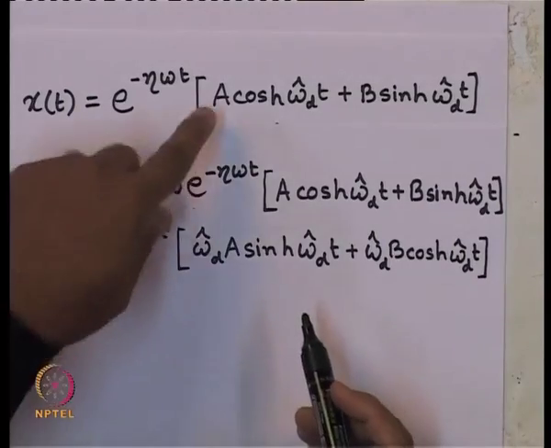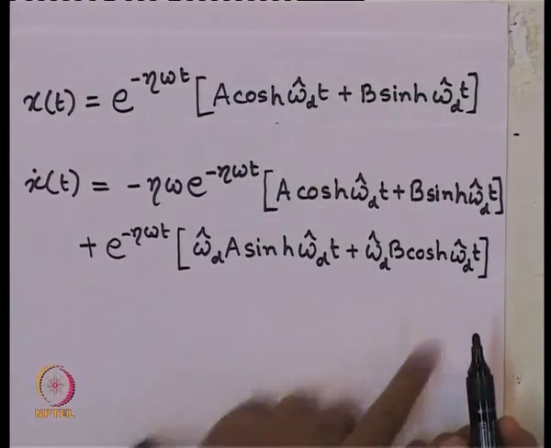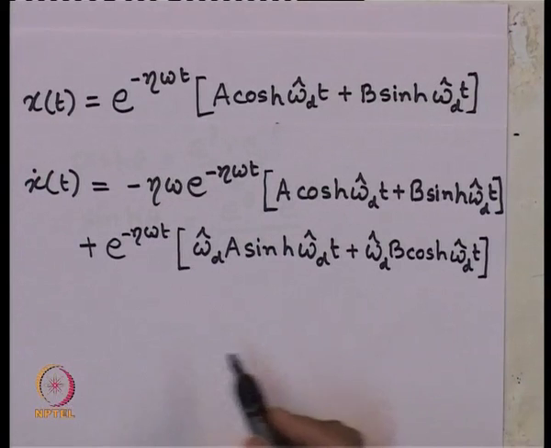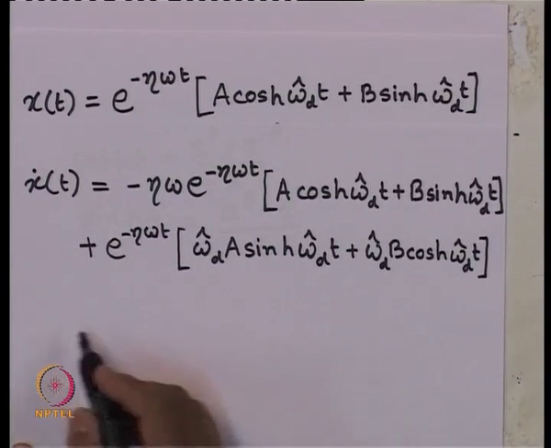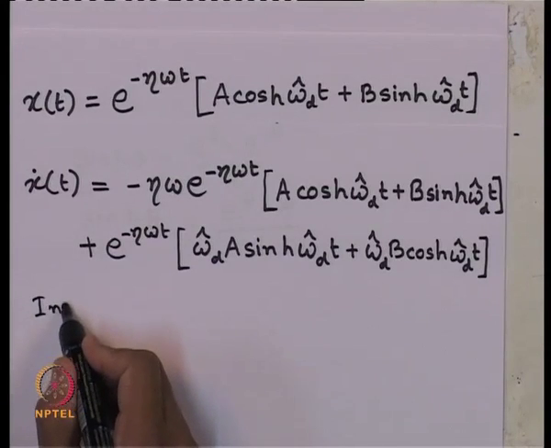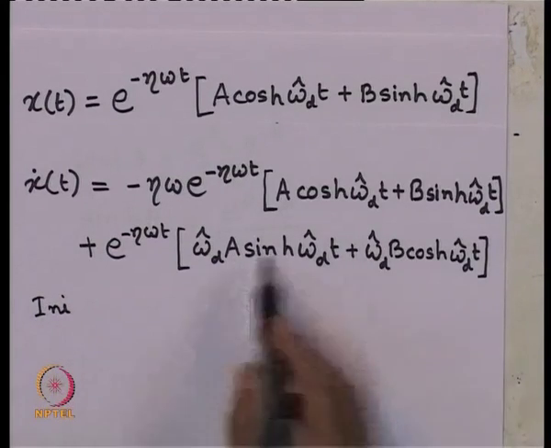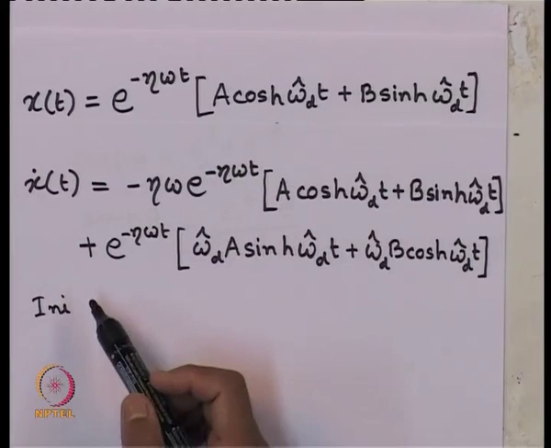For a hyperbolic function we know the differentiation comes out like this. Now what do we do? We apply the initial conditions to obtain the unknown two constants a and b.